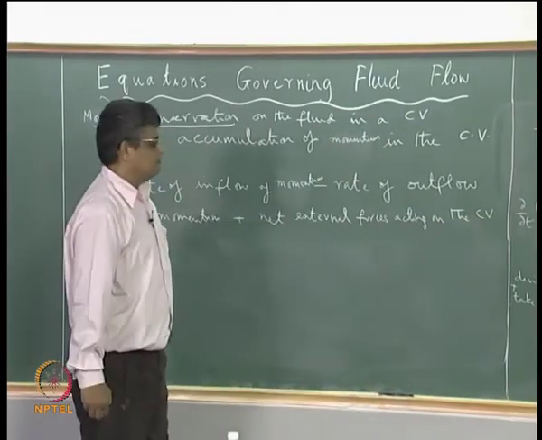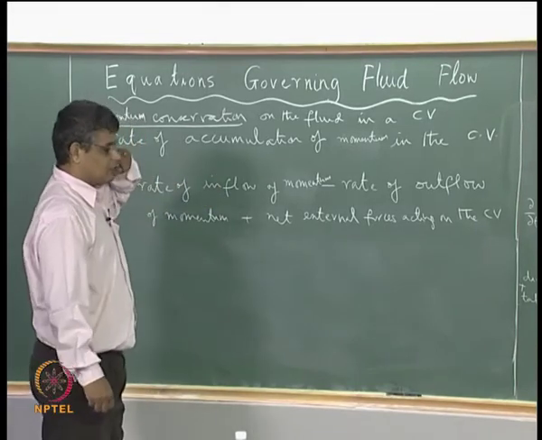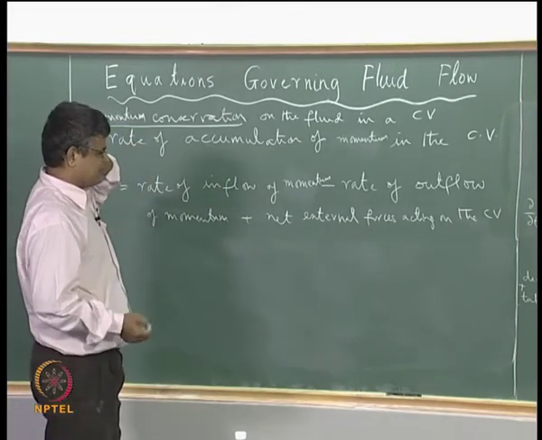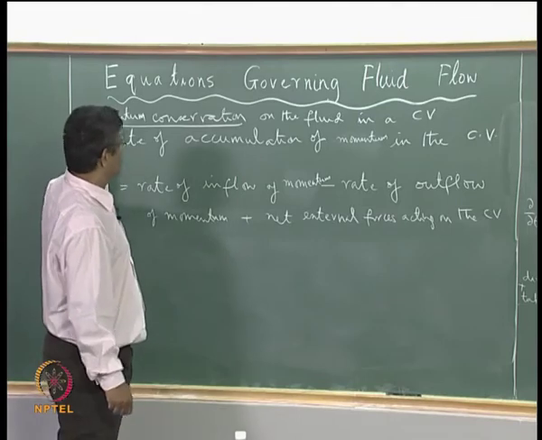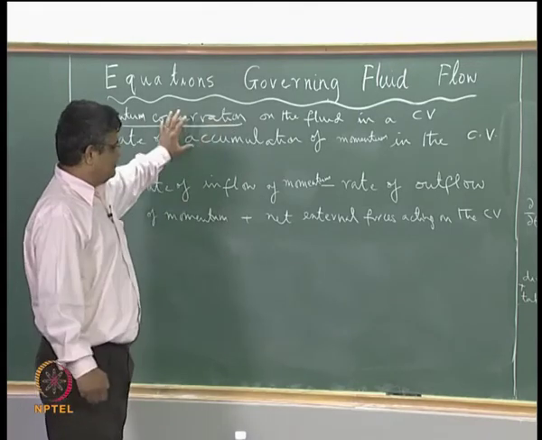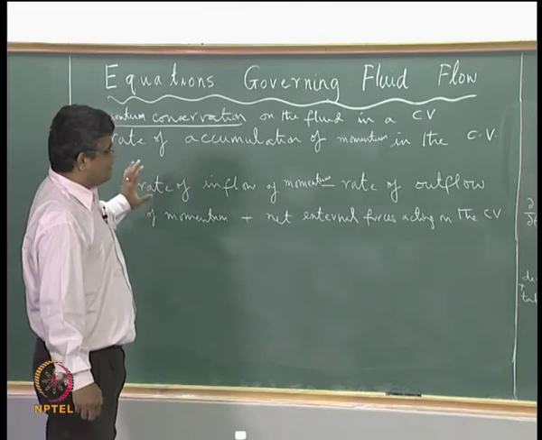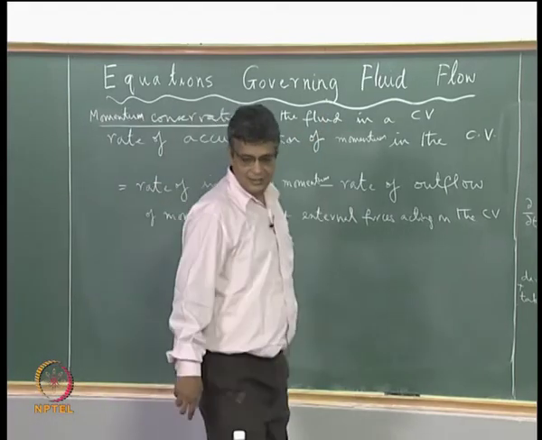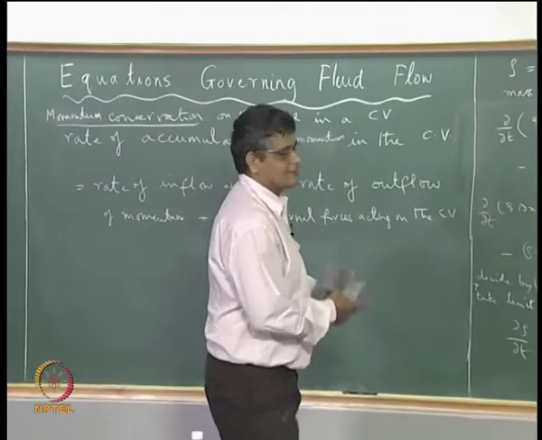We say that if there is a force acting on a control volume, it introduces a rate of change of momentum which leads to a rate of accumulation of momentum. So that is what we are saying here, and this can be developed analogously like this.